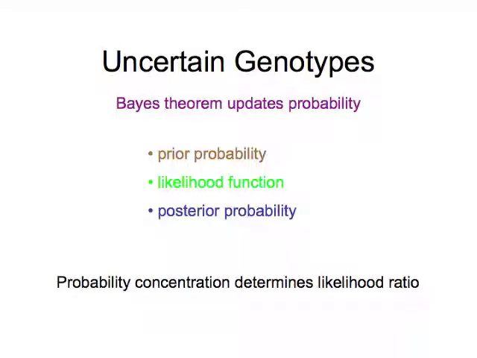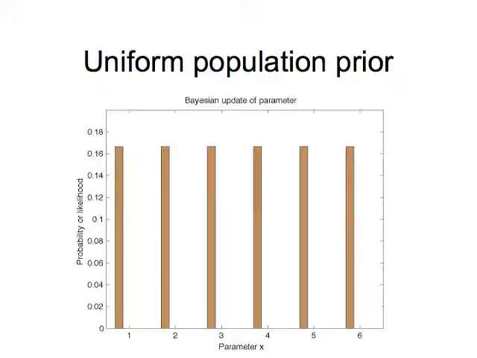And then we also saw that by taking a ratio of the posterior probability to the prior probability, this forms a likelihood ratio. So the concentration of probability as given to us from the data and expressed through the likelihood function, when combined with Bayes' theorem with the prior, concentrates the probability in places that may or may not correspond to where the suspect genotype would be. Next slide.